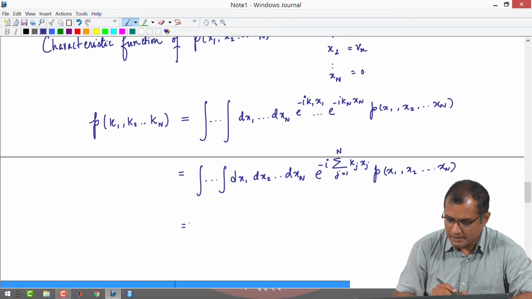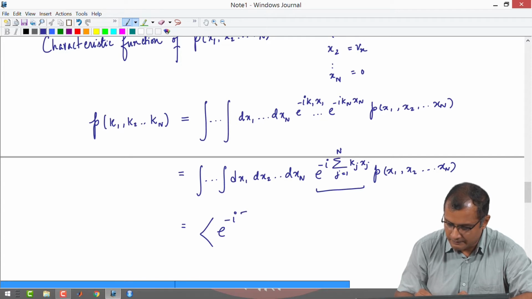And this is nothing but the expectation value of the function here, which is nothing but e to the power minus i summation j going from 1 to n of kj xj.